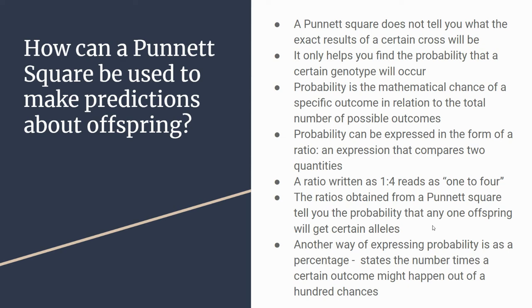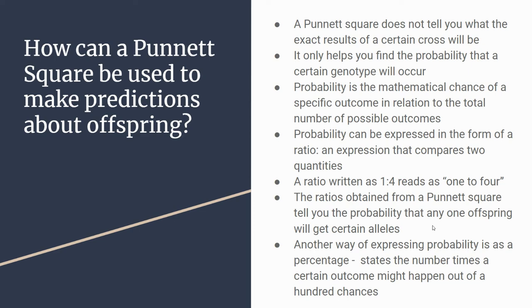Okay. Do you see that? That's my genotypic ratio. 1 to 2 to 1. 1 capital B, 2 capital B, lowercase b's, 1 lowercase b.